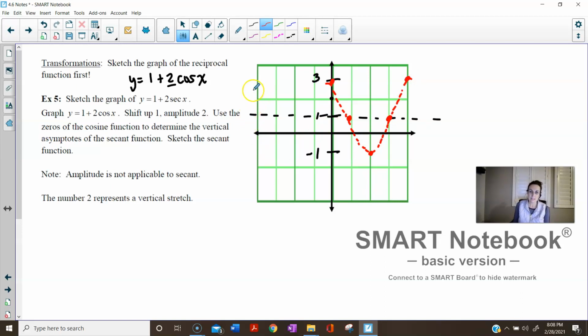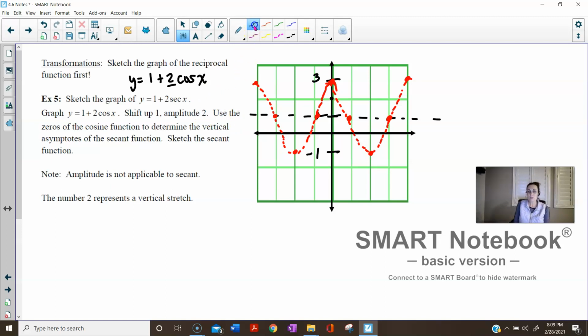And we could repeat this graph if we wanted over here, and then we go middle, and then we would go to -1, and then we would come to the middle, and then back up to 3. So the graph goes down, down, up, up. All right, so there is my cosine graph, and now I'm ready to do the secant.